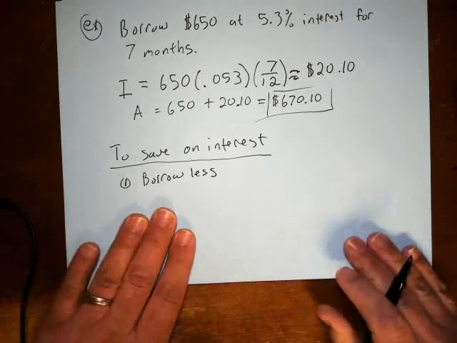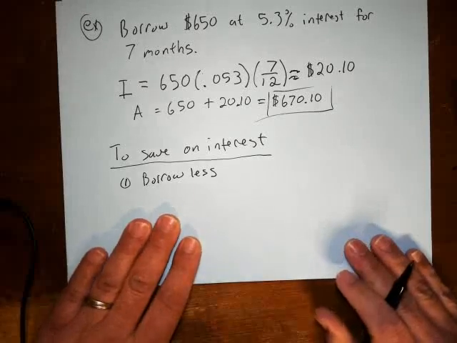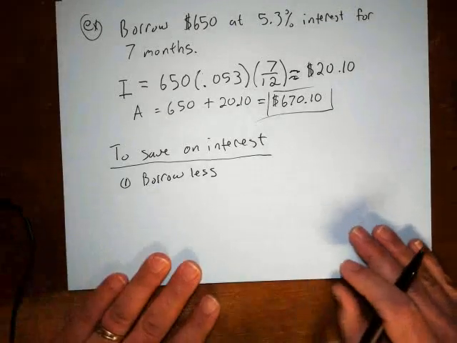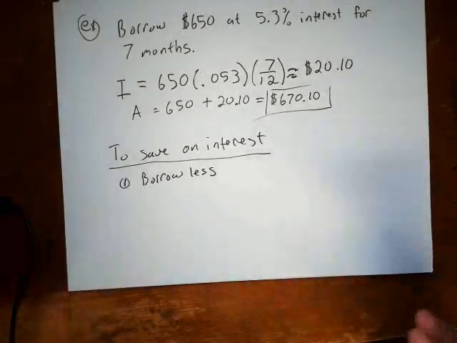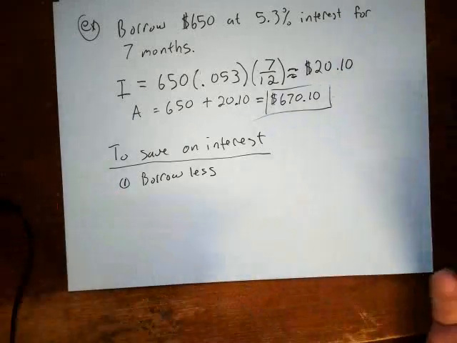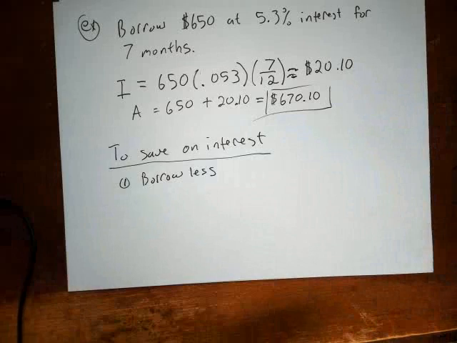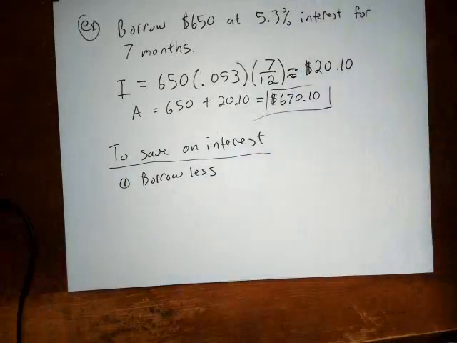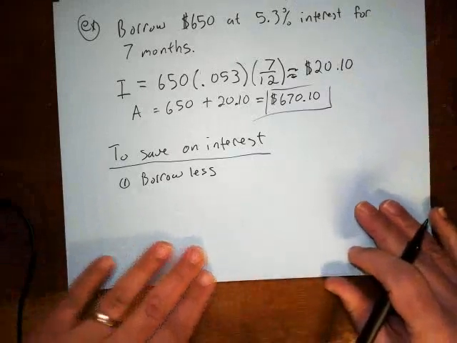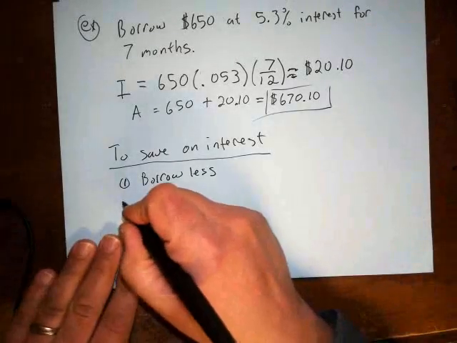So borrowing less is always better. Like when you buy a house, if you can make a bigger down payment and borrow less money, that's always better. You could take it to the extreme where if your down payment was the whole price of the house, and you just paid it off without borrowing the money, then the interest would be 0, right? So borrowing less is always better.